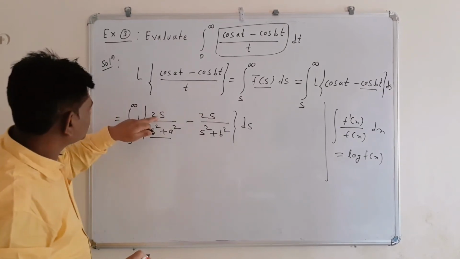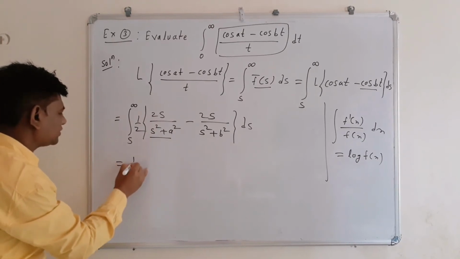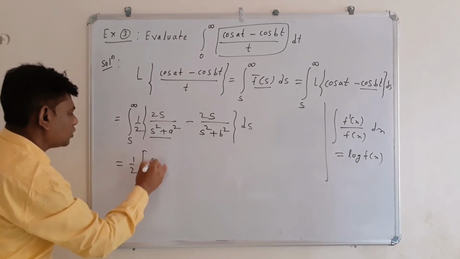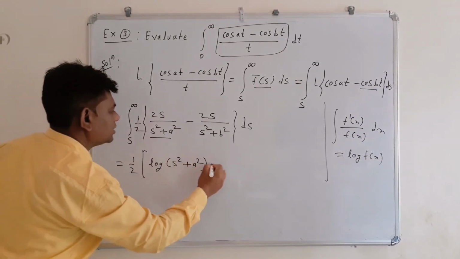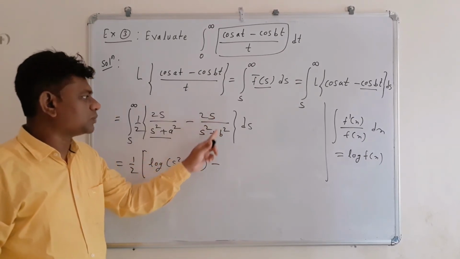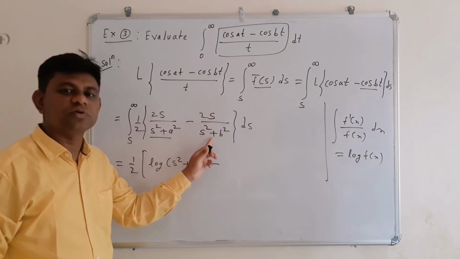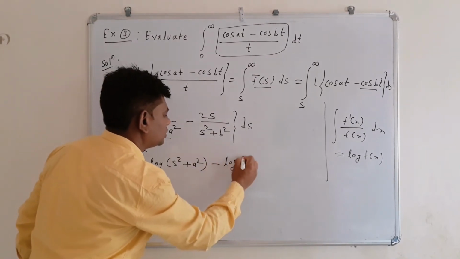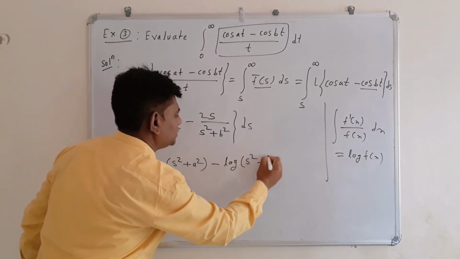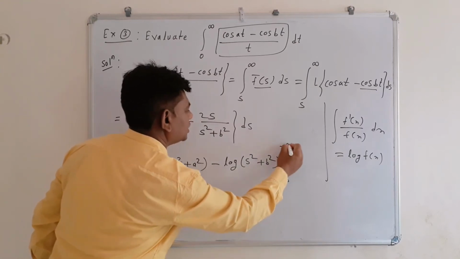Now the integral of 2 times s upon s square plus a square is log of s square plus a square, minus the integral of 2s upon s square plus b square. Here 2s is the derivative of s square plus b square. The answer is log of s square plus b square, with limits s to infinity.